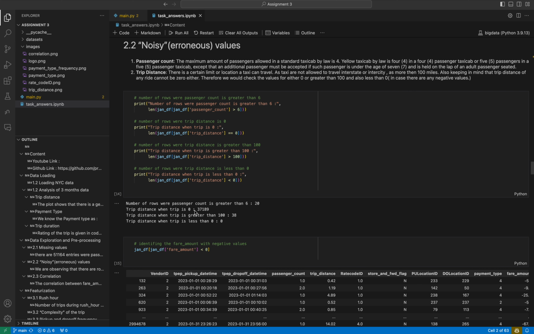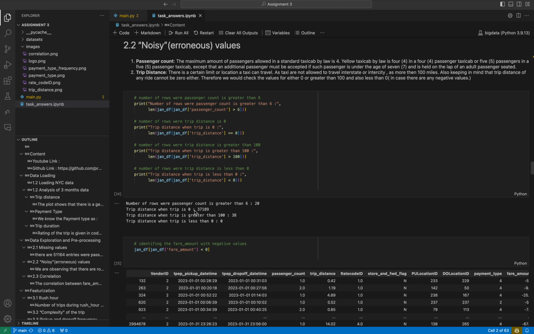For passenger count, the cab can only hold up to 4 passengers, or maximum up to 7 passengers. So I tried to get only that range of data. My logic was that if it's more than that, then it's an invalid value, a noisy value. Same with trip distance.